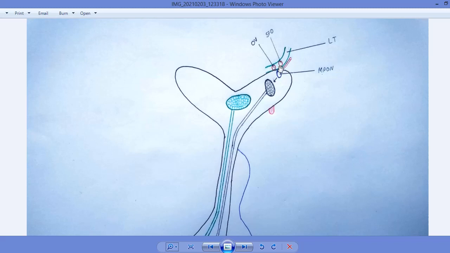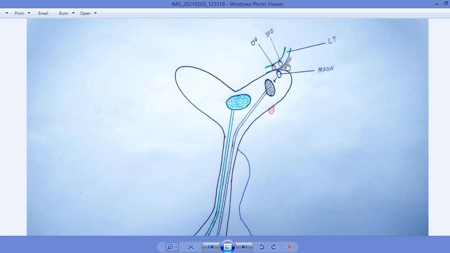And what do these groups of cells do? When the blood comes in contact with these collections of cells, they detect the concentration of solute inside the blood which comes from this blood vessel.